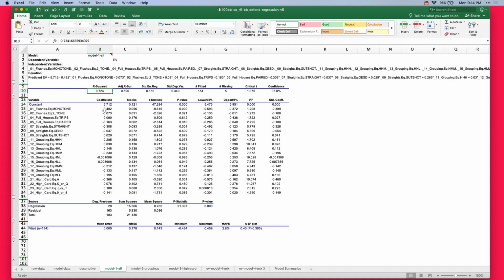So we start seeing what our actual coefficients are, and this equation represents our EV, which is equal to, in this case, 5.712 plus whether it's monotone or two-tone here. If it's monotone, then we subtract 4.82.